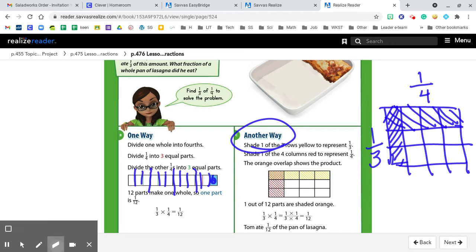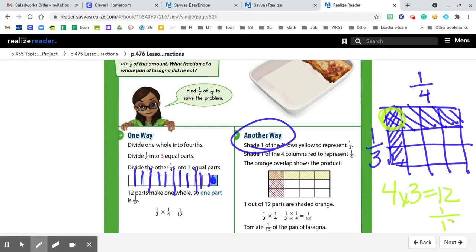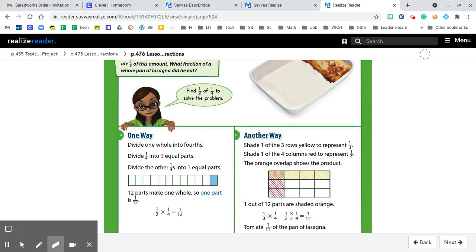So your answer is in the overlap. Get that? Your answer is right here. If you're looking at that, it's 4 by 3, 4 times 3. So there's 12 altogether, and we just have 1/12. And you can watch the video on Savvas to help walk you through that as well.